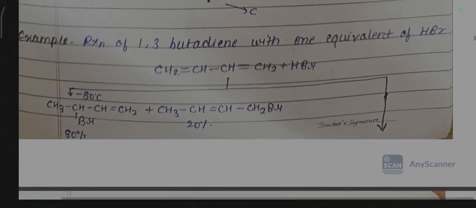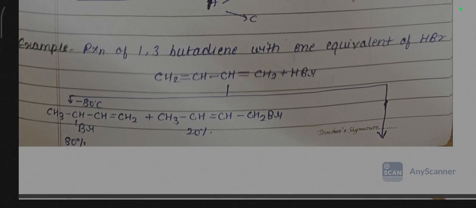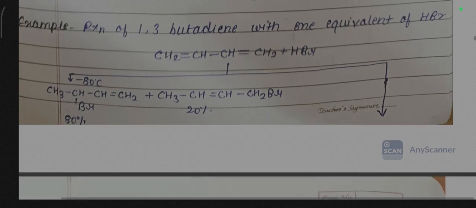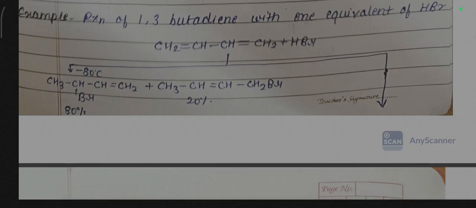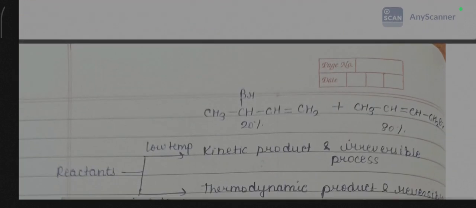For example, the reaction of 1,3-butadiene with 1 equivalent of HBr: CH2=CH-CH=CH2 plus HBr gives, at minus 80 degrees Celsius, CH3-CHBr-CH=CH2, which is 80%, plus CH3-CH=CH-CH2Br, which is 20%. At the higher temperature, the other product, CH3-CHBr-CH=CH2, is 20% and CH3-CH=CH-CH2Br is 80%.